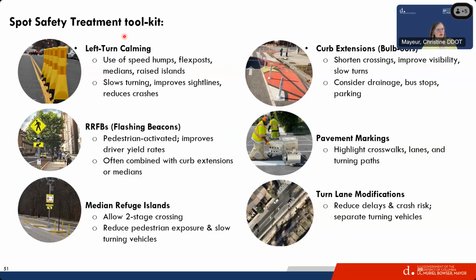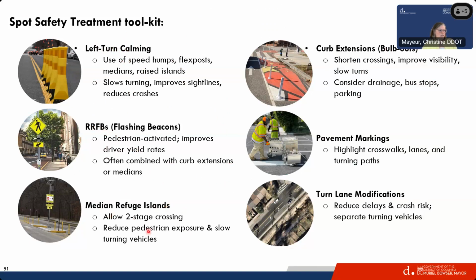So the toolkit that we're going to be looking at using for the spot safety treatments will be left turn traffic calming. We used to use something like this with the flex post down the center to make sure people can make more right angle turns when they're turning and be able to see pedestrians crossing and other vehicles. That usually reduces crashes. Rapid flashing beacons to help people get across the street safely.